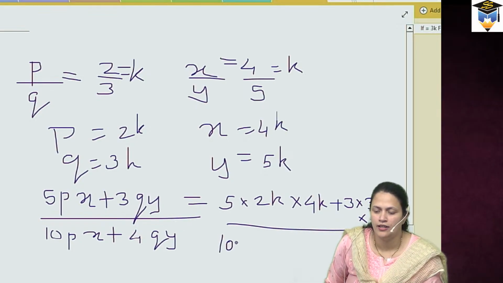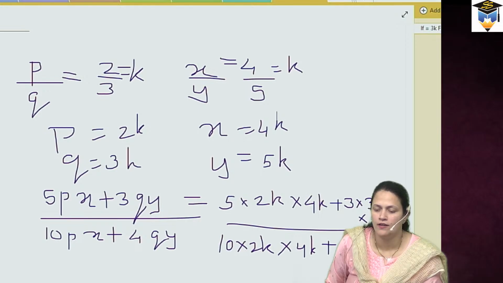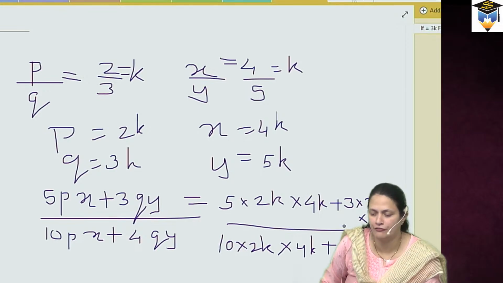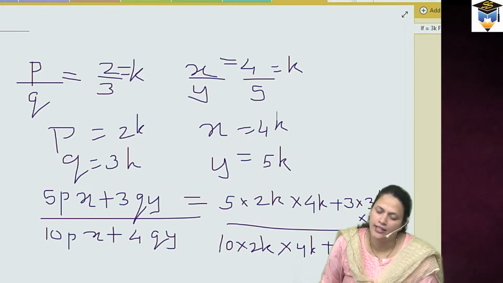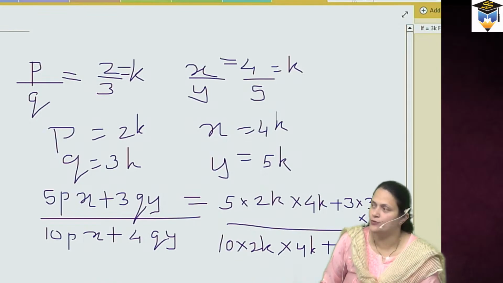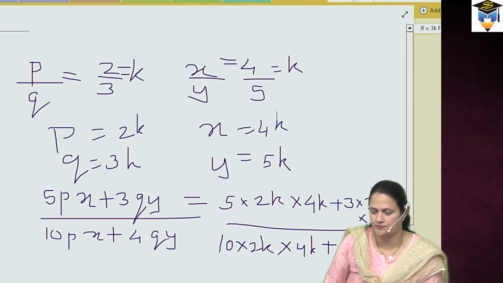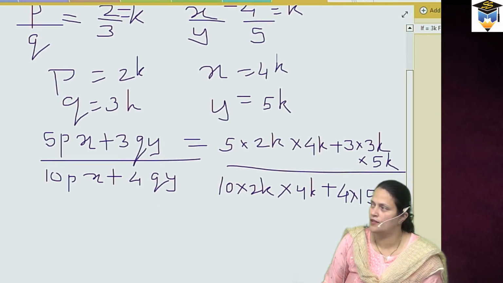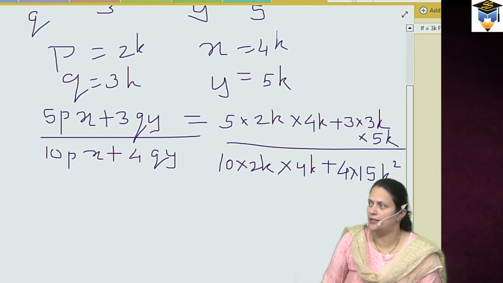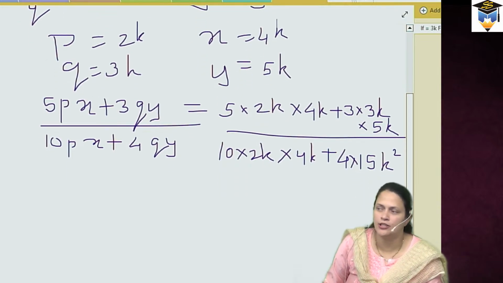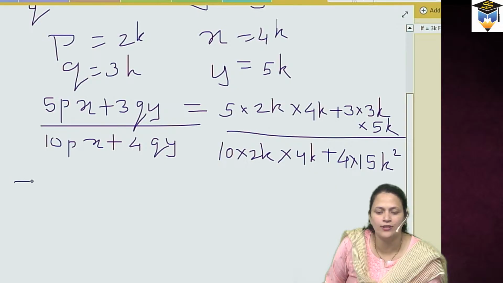Now 10 into 2k into 4k plus 4 into 3k into 5k. So 3k into 5k I can directly write as 15k square. Find out the values and tell me the answer.